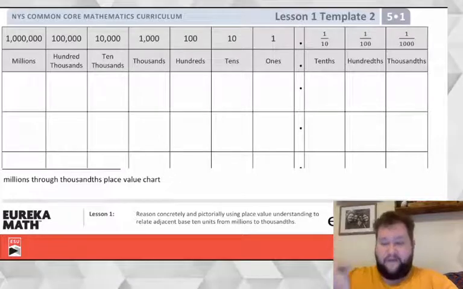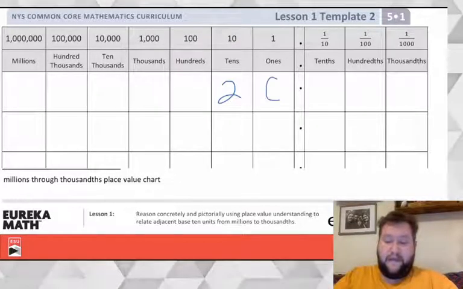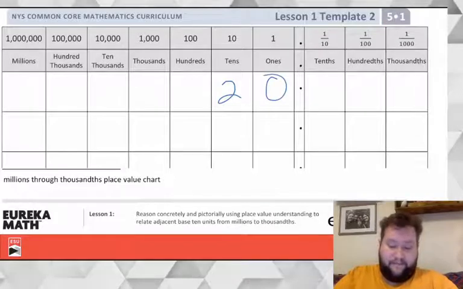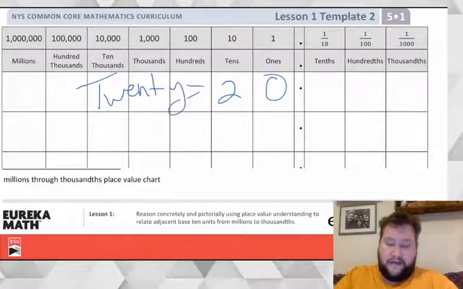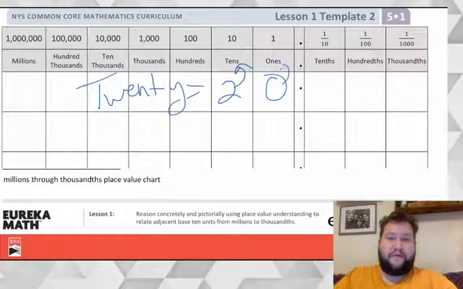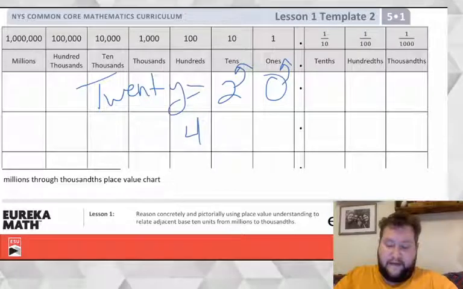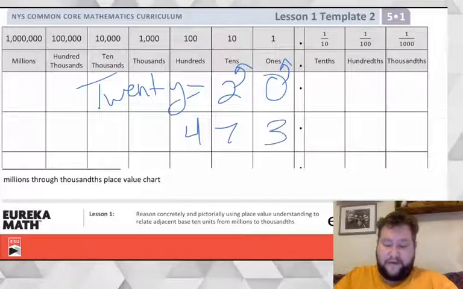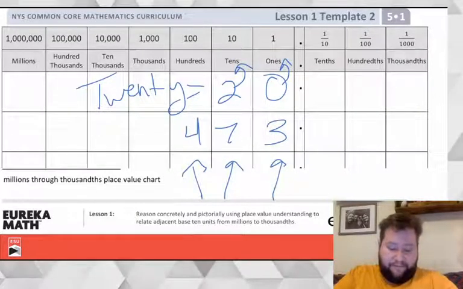So like if I have this here, 20 is 2 10s and 0 1s, or like 473, while these are still the numerals 4, 7, and 3 in our place value.